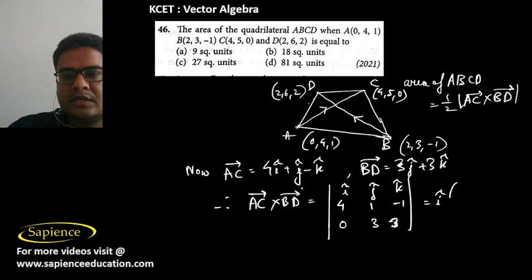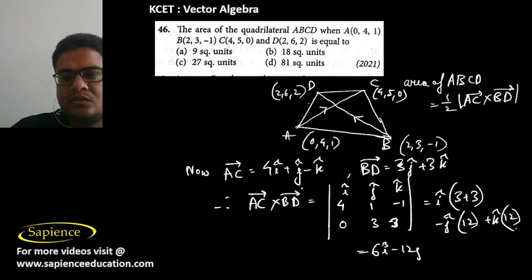So that is I cap into 3 plus 3, minus J cap into 12, plus K cap into 12. This is 6 I cap minus 12 J cap plus 12 K cap.